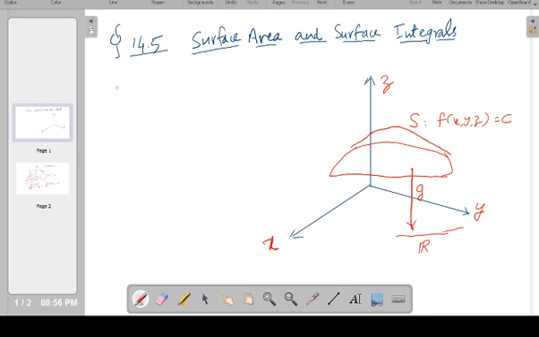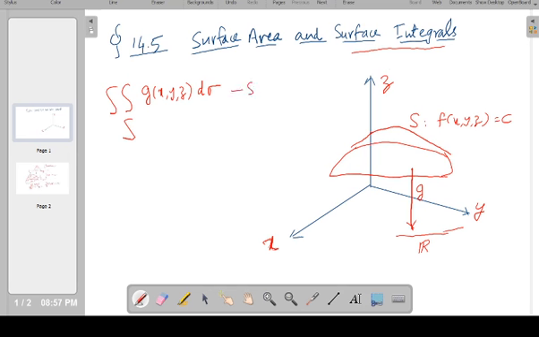Now we want to define something called the surface integral of G over the surface S. So the surface integral will be denoted like this: double integral over S of G of x comma y comma z d sigma. That is our notation.